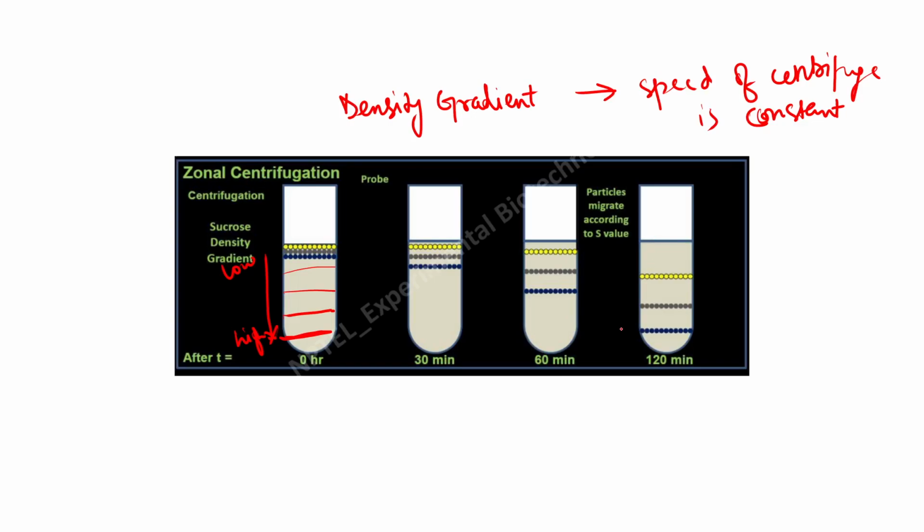What is different is density. The separation is based on the density here. In differential centrifugation, the speed was the factor that was changing. We were increasing the speed.